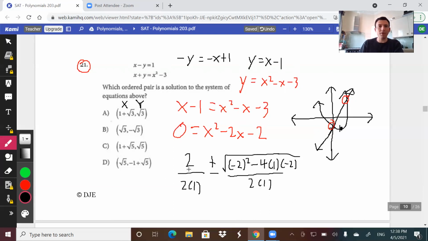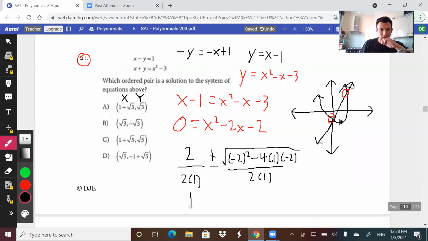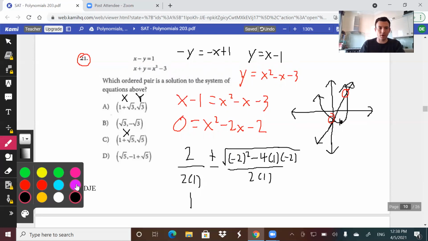Okay. What we notice immediately is out front we have 1. That already makes me think that our x value is probably going to be either a or c. So I'm already hedging towards those as my answer choices for where these cross.